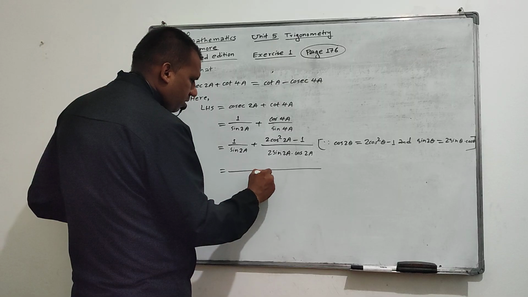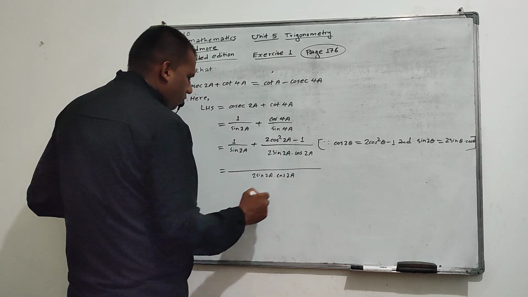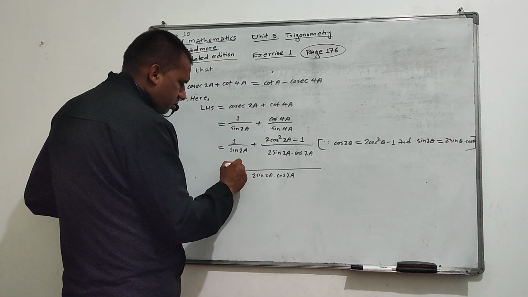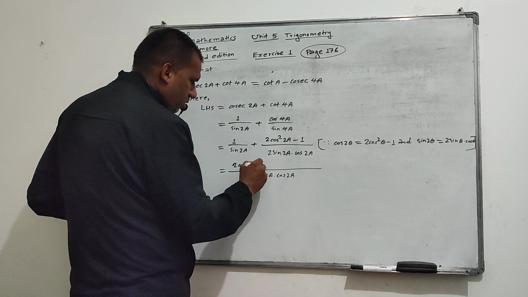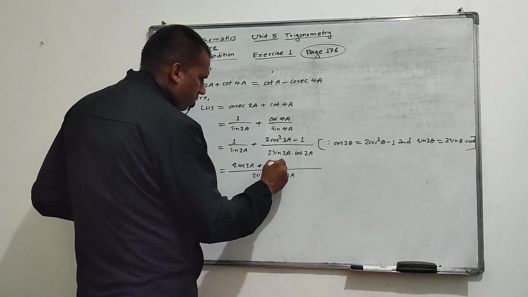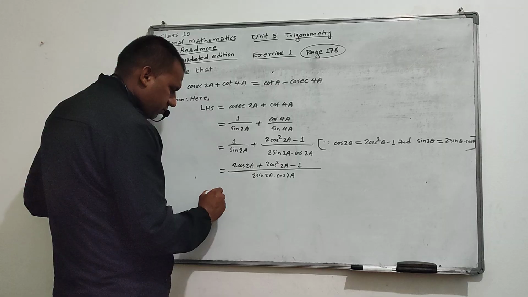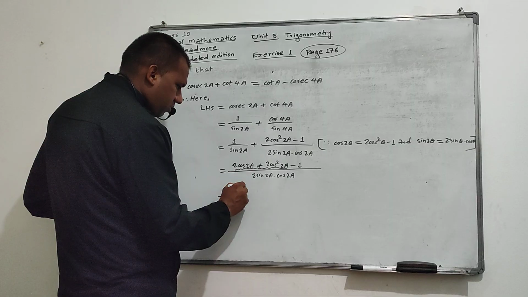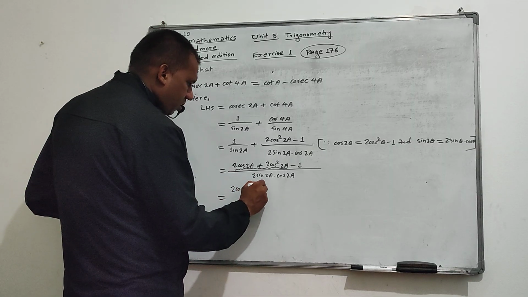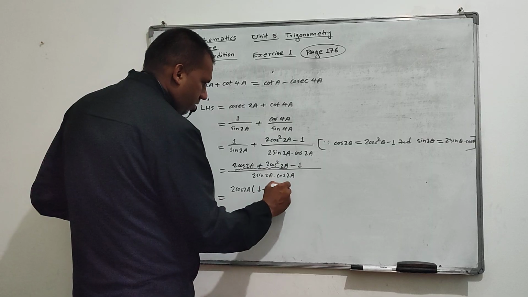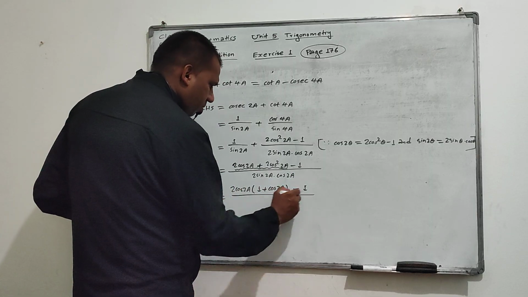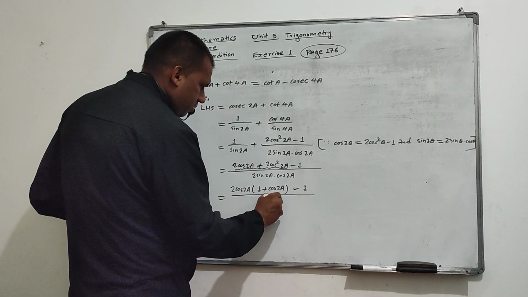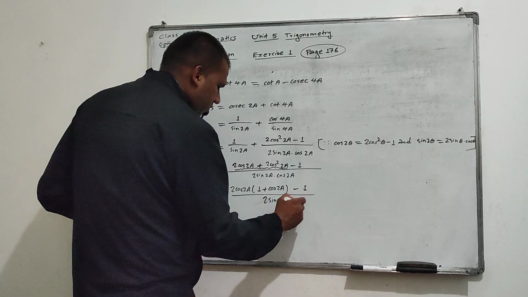Now taking LCM, 2 sine 2a cos 2a. Sine 2a is the same, remaining 2 cos 2a into 1, so 2 cos 2a plus 2 cos square 2a minus 1. Here taking 2 cos 2a common, remaining 1 plus cos 2a minus 1, whole upon 2 sine 2a cos 2a.